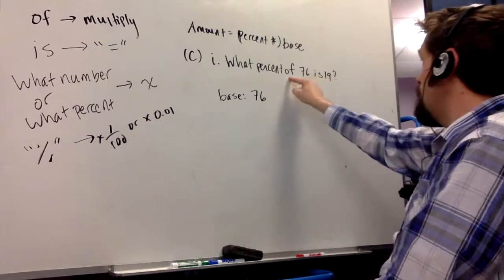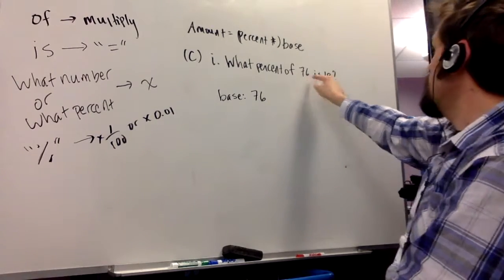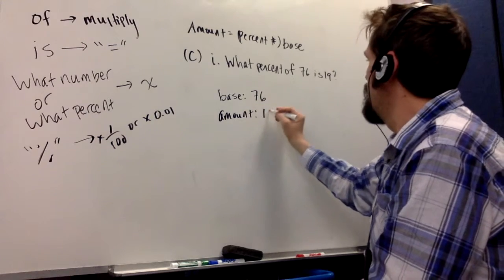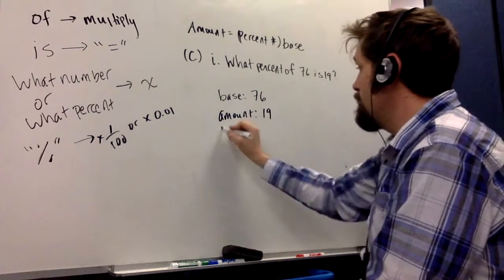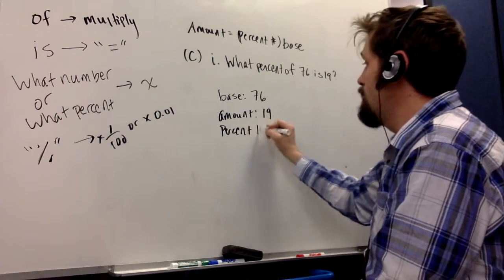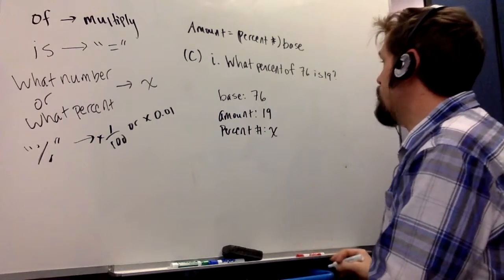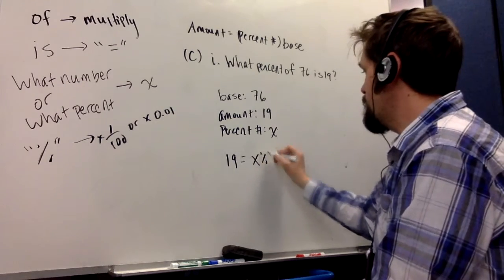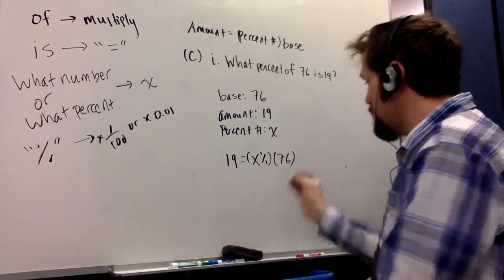The amount, I take some percent of 76 and get 19, that's the amount. And the percent number is unknown, so let's call it x. 19 equals x percent of 76.